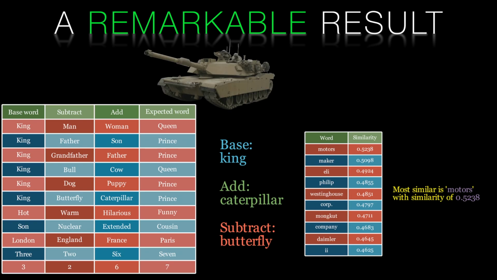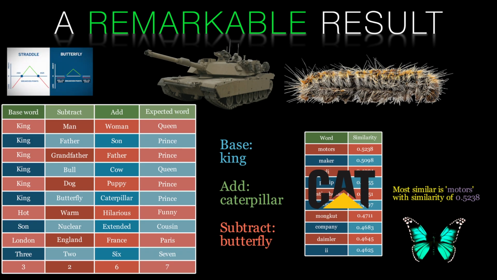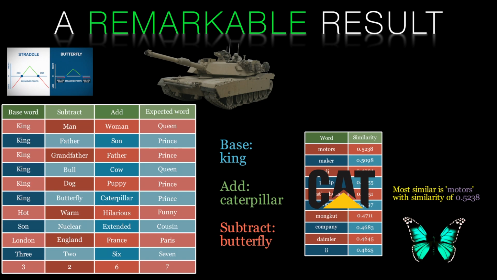Caterpillar tracks and the engineering company Caterpillar stretch the meaning of this word in different directions in our 300-dimensional word embedding space. And this is perhaps our first clue that we need other encodings, such as position and attention, if we're to develop an effective language model.